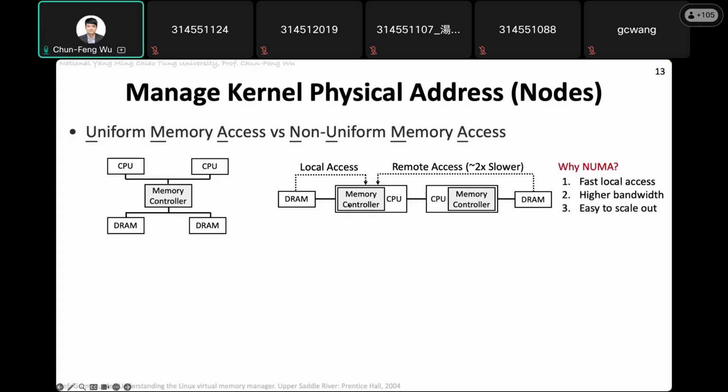Why NUMA? First of all, because you can get fast local access. If you are using the earlier structures, the memory controller will become a bottleneck, because if you have a lot of requests, the memory controller will be overflowed. And there is a contention issue here, so the memory controller has to handle a lot of stuff.